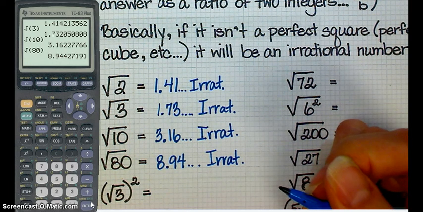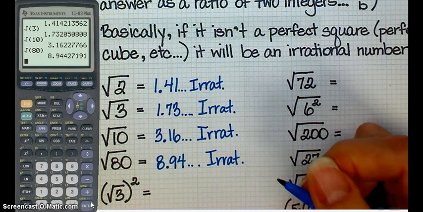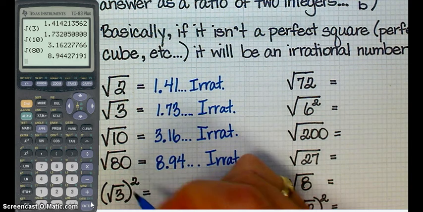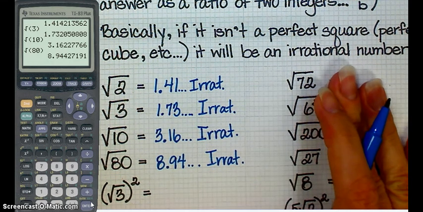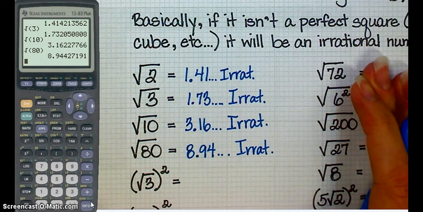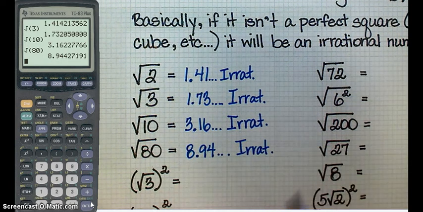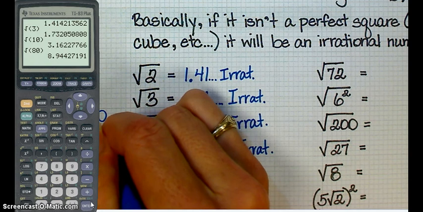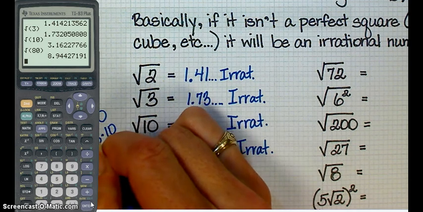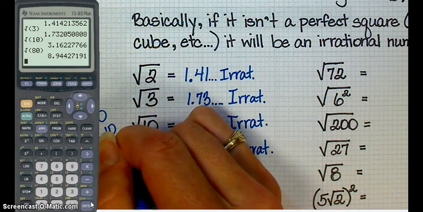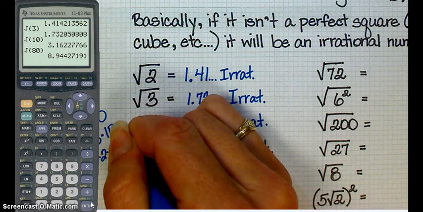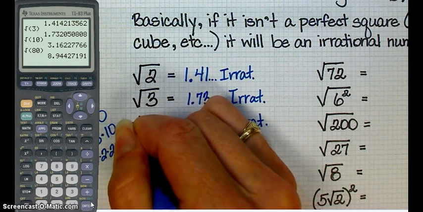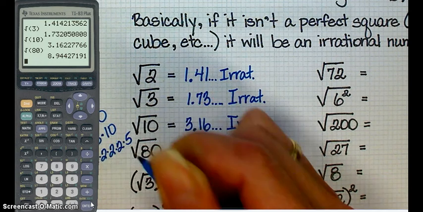Okay. I can also, instead of representing the square root of 80 as 8.94, I can factor out some things. I know that 80 is 8 times 10, which is really 2 times 2 times 2, and then 10 is 2 times 5.